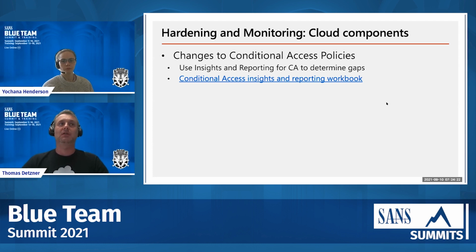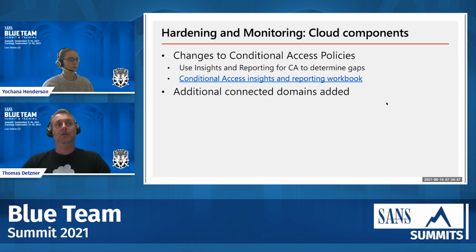Any changes there need to be reported immediately and acted on. We have created workbooks for the conditional access insights. If you're not aware, here's a link in the presentation to have a look. Those workbooks can help you identify gaps in the policies or coverage of the CA policies.